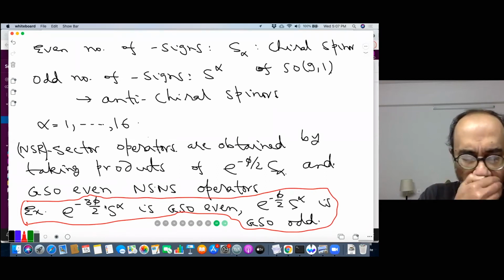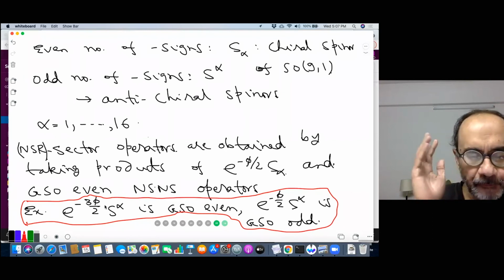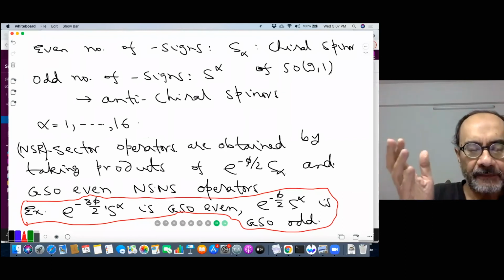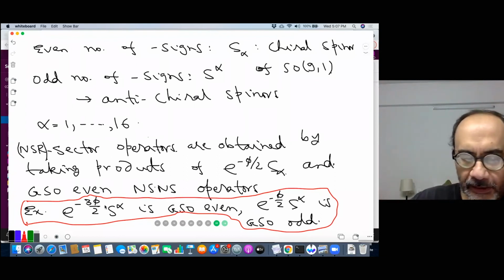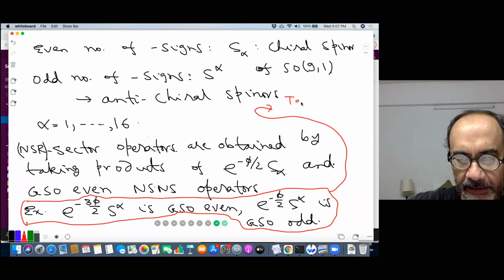Suppose you take the operator e to the minus phi times psi. So to prove this, take the product e to the minus phi psi mu of z with e to the minus phi by 2 S alpha.